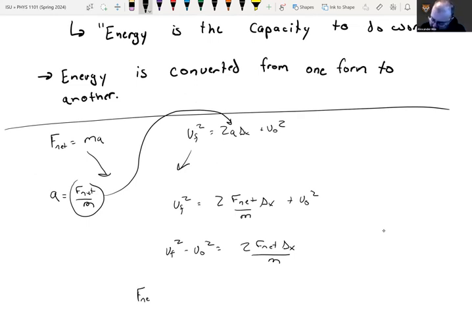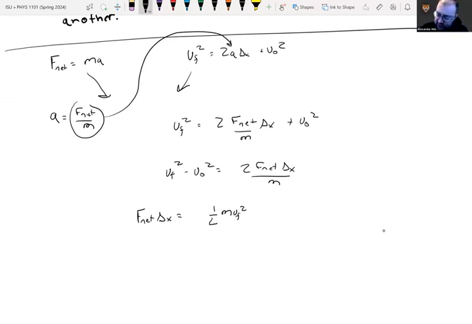So F net delta x, in rearranging sides, is going to be 1/2 m v final squared. So I'm going to divide both sides by 2 and multiply them by m. So, whoops, m over 2. So those cancel, and then I'm going to do the two terms individually.